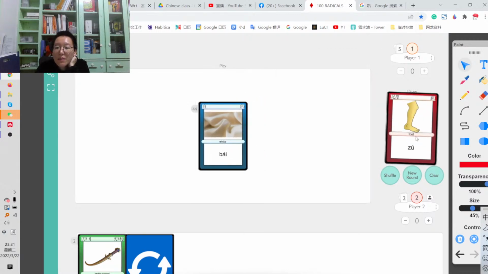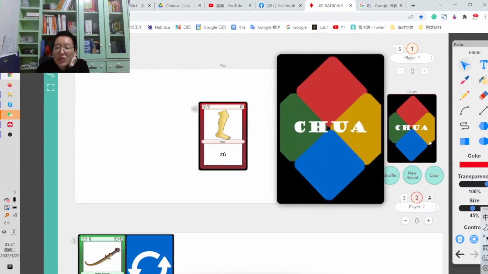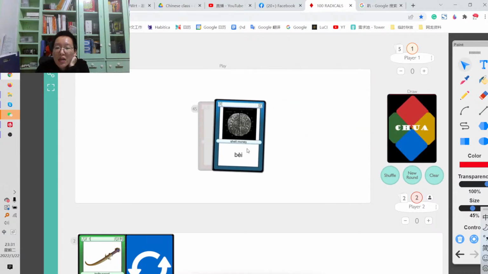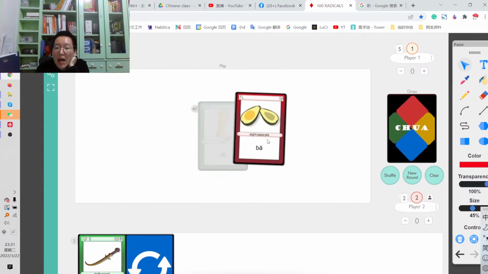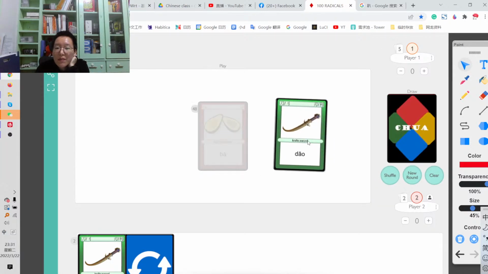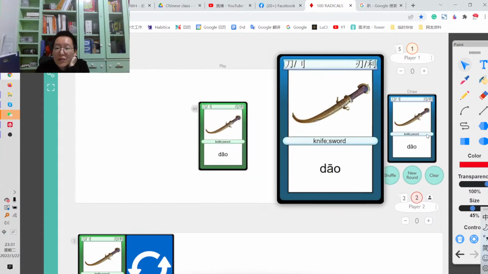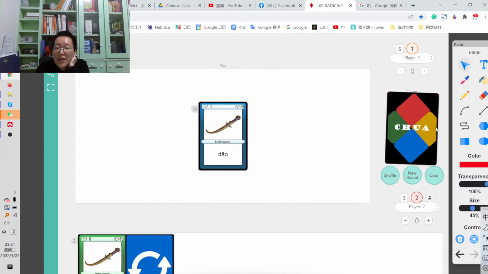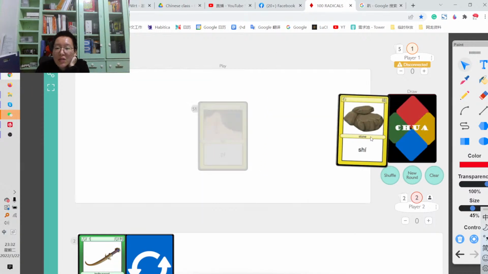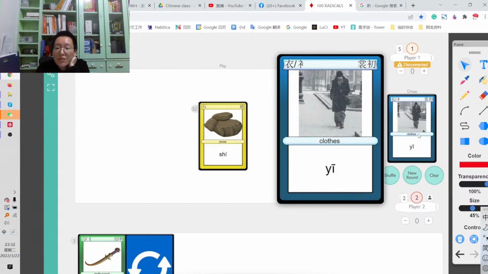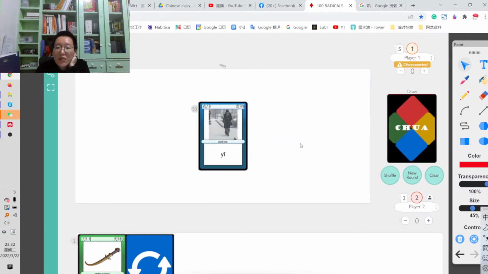Bai, white. Zu, foot. Bei, money. Zu, foot. Ba, separate. Dao, knife. Dao, knife. Pi, skin. Shi, stone. Yi, clothes. Okay, I think that's all.